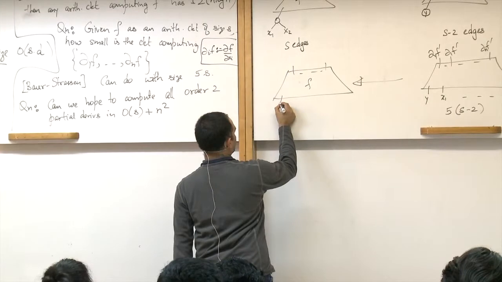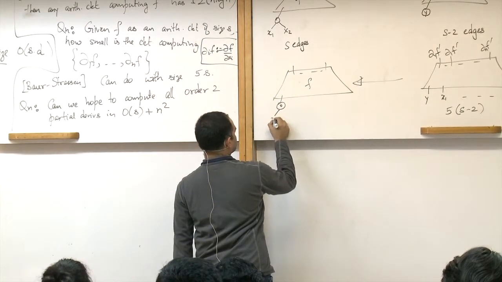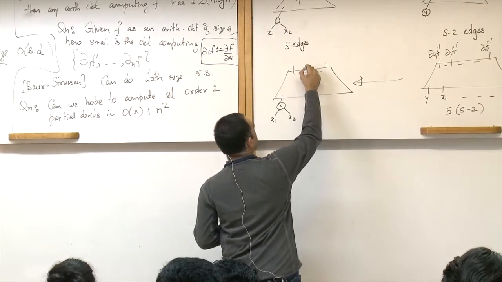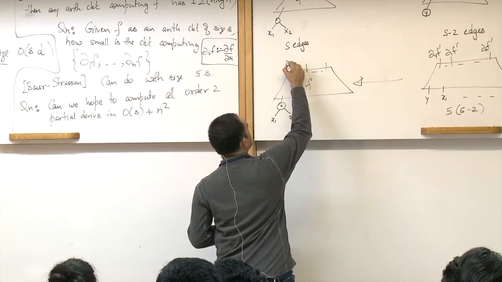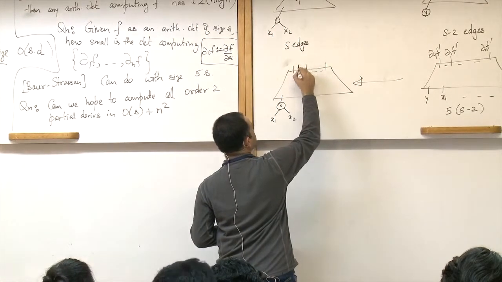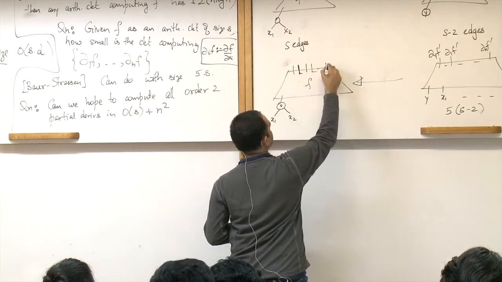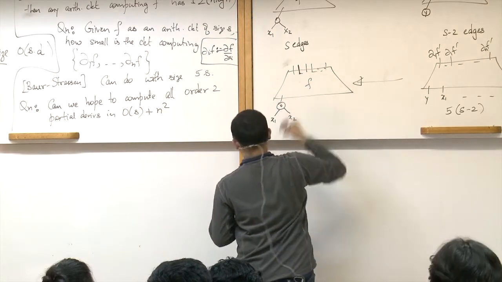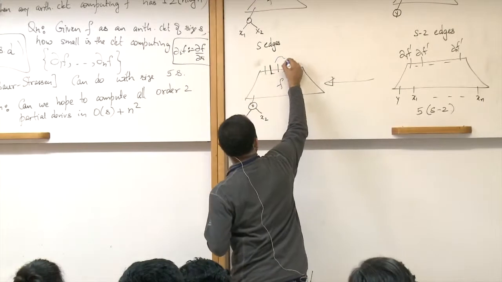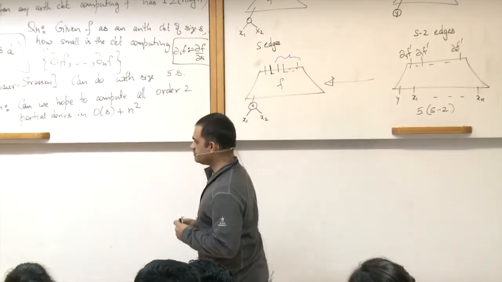There was some variable y here. I'm going to replace this by x1 and x2. So this is supposed to be the derivative with respect to x1, this is supposed to be derivative with respect to x2, and these are the rest. And so far we have handled these guys.